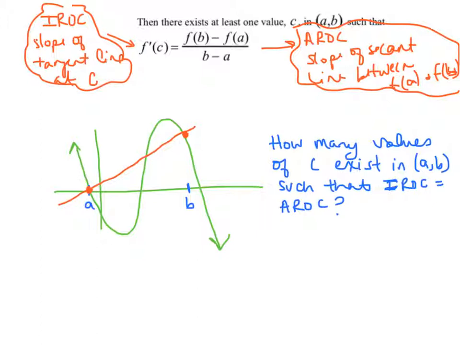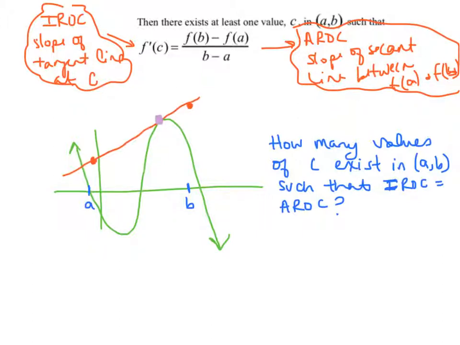If I grab this line and move it, you can see that right here I would have an instantaneous rate of change. That line is tangent to the green curve at that point. That's an instantaneous rate of change.